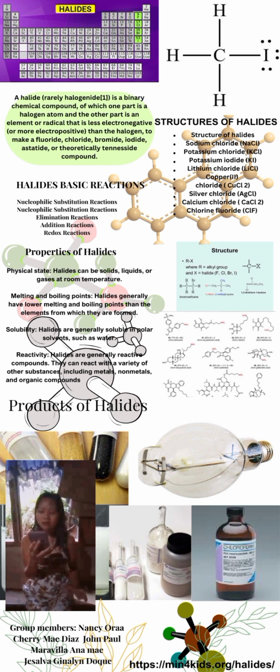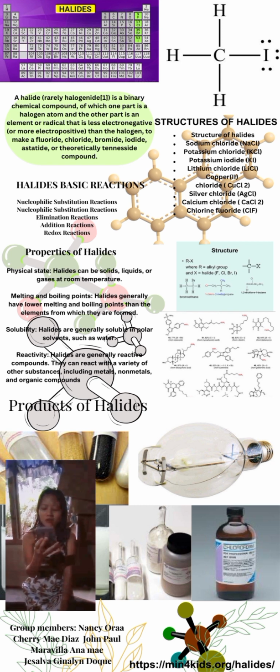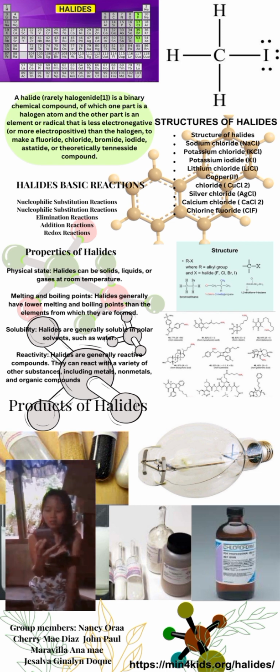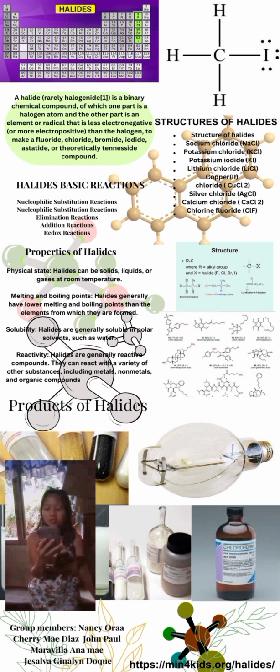Other halide products that can form a white precipitate include sodium chloride and potassium chloride. However, these salts are much more soluble in water than silver chloride, so they are less likely to precipitate out of solution. 1-chlorobutane is a colorless liquid with a mild ethereal odor.